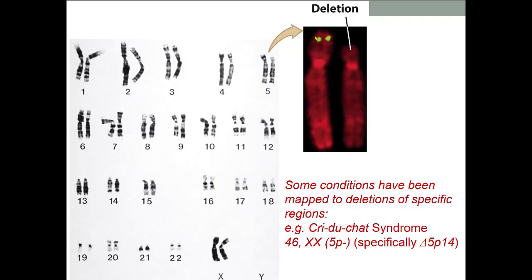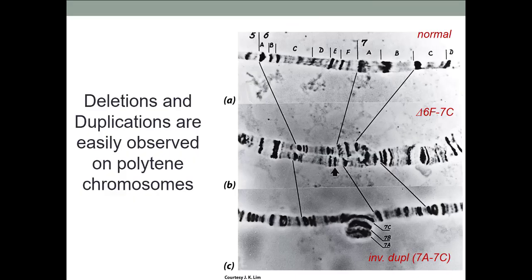Using that telomere mapping that we talked about before, that kind of FISH technique, we can see that this copy of that chromosome is missing the end. Certainly missing the telomeres. It looks like it's missing a bit more. So using cytological techniques, we can map certain conditions to certain regions of chromosomes. Bridges has been doing that.